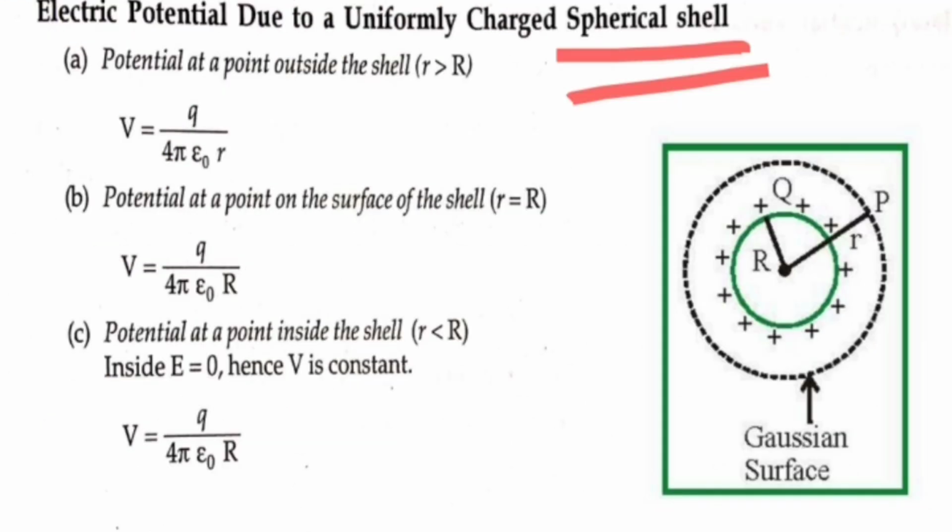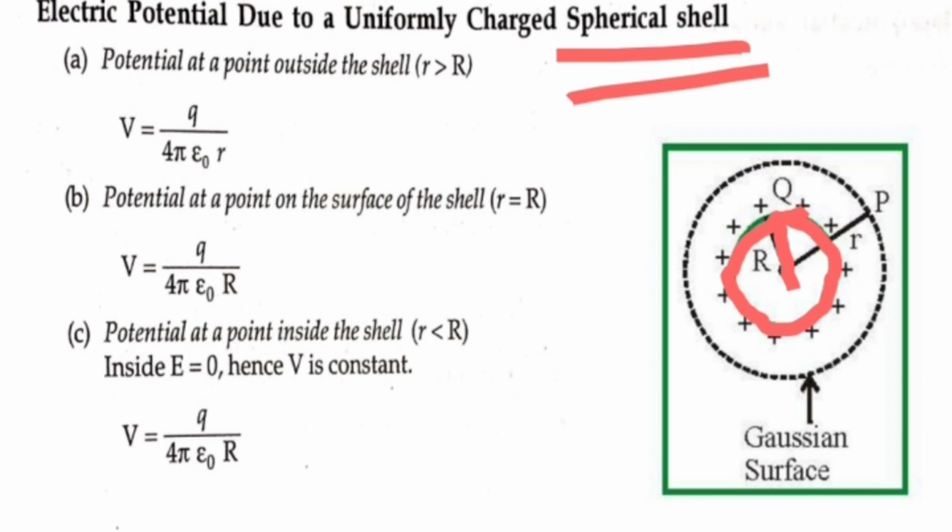For a spherical shell, what is the value of electric potential? So we will here study three things, three layers. Number one, we will consider a shell having capital R as radius. This sphere will be known as your spherical shell, for which we are calculating all these things.